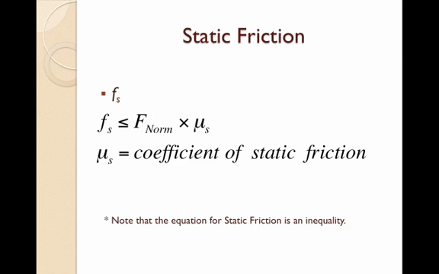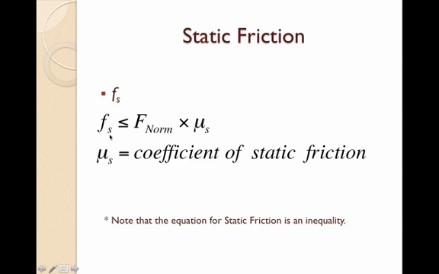Now, this is the part where we start putting symbols to it. So static friction is shown by a lowercase f sub s. So basically this is what we use to represent the force of static friction. F for force, S for static friction.